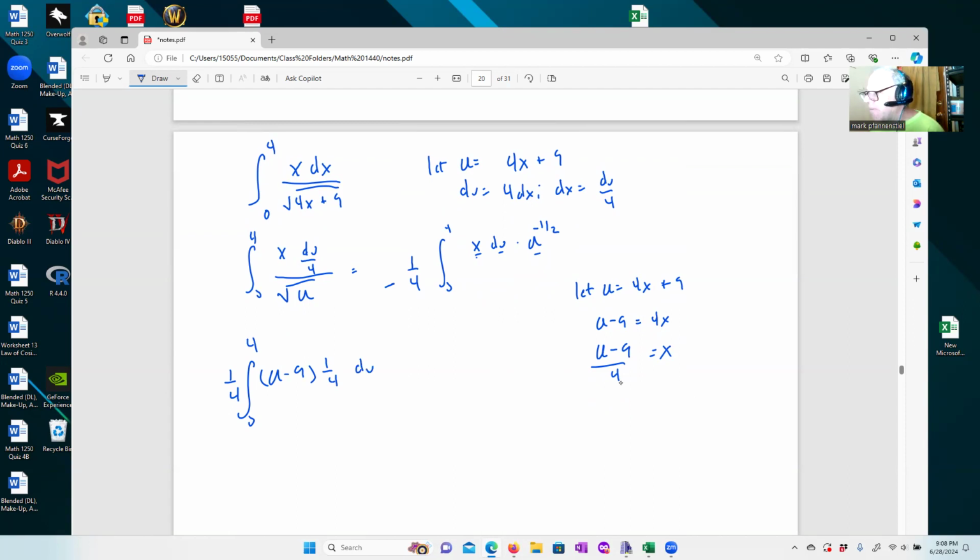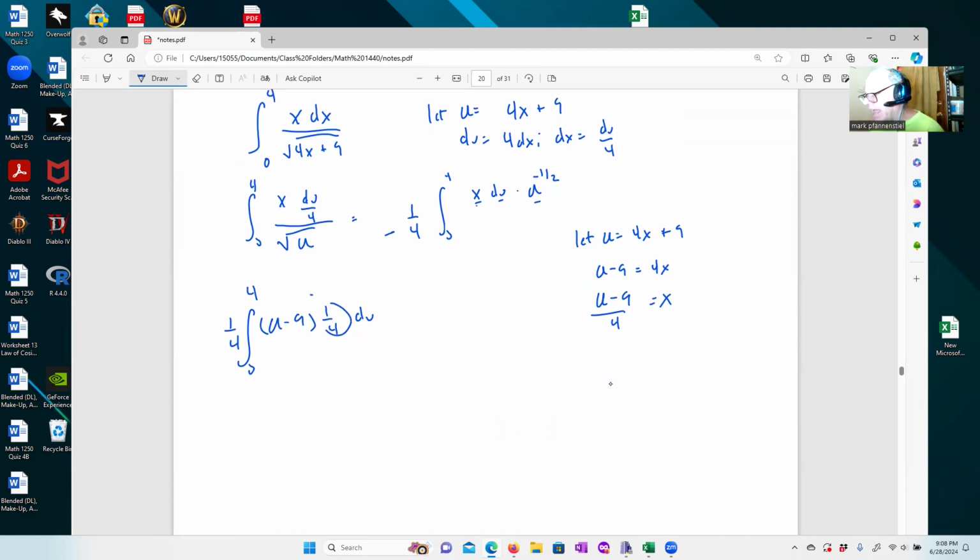Now we can move this 1/4 out in front, so we end up with a 1/16, it's 4 times 4, and then I've got my integral of u minus 9. I forgot about this u to the negative 1/2 power. There's still a times u to the negative 1/2 here that I forgot about.